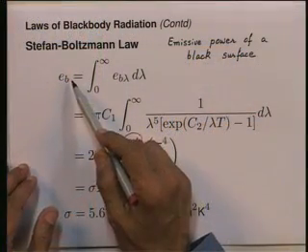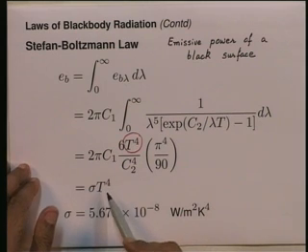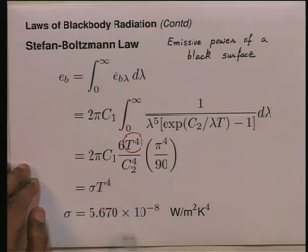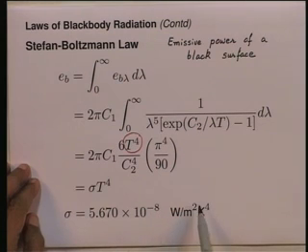Sigma is a constant called the Stefan-Boltzmann constant, given by 5.67 into 10 to the minus 8 watts per meter squared Kelvin to the power of 4.